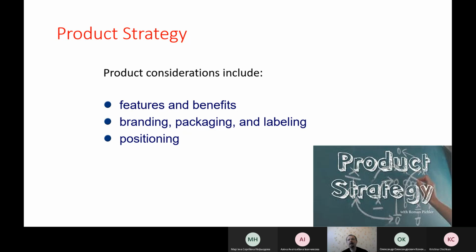So in your customer's view, in your customer's brain, your product must be separated from other products, from products of your competitors.